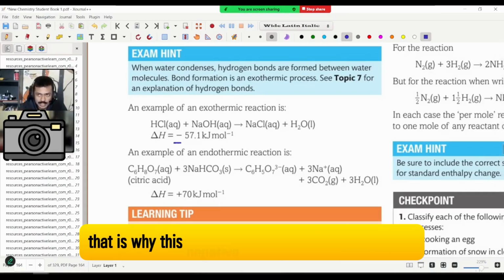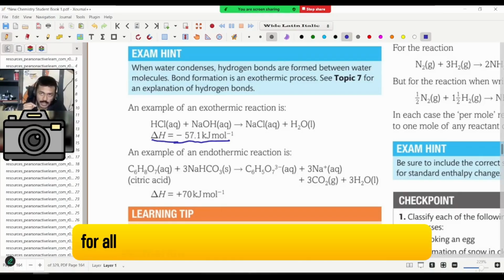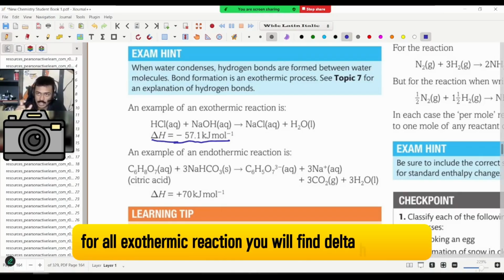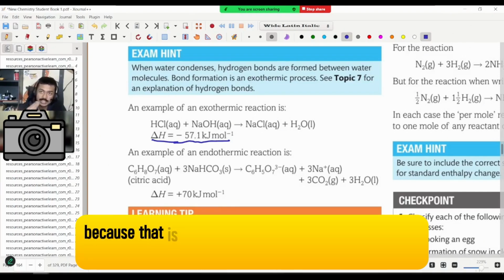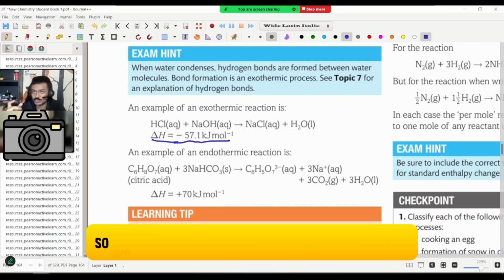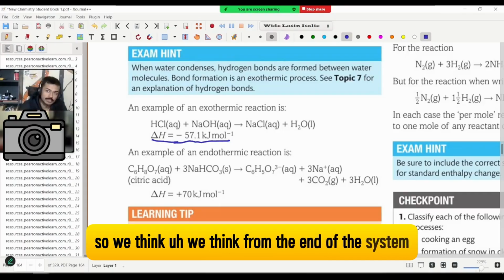That is why there is this negative sign for exothermic reaction. For all exothermic reaction, you will find delta H negative, because that is minus from the system and plus to the surrounding.